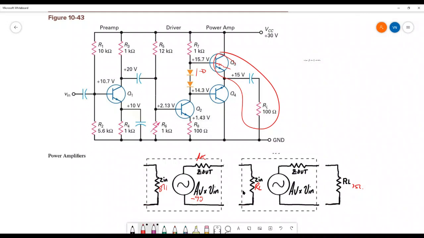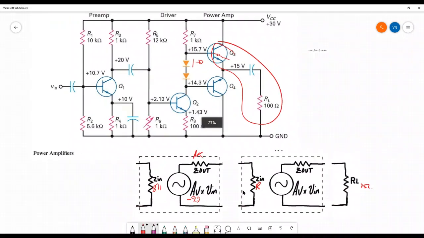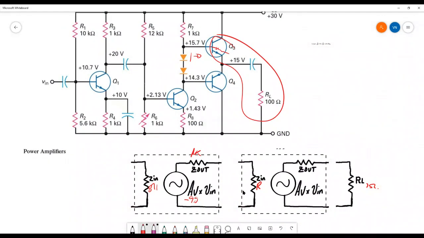Then I would figure out the gain. The gain of the common collector amplifier, which we know is about 1, so this is 1 times Vin, and it's positive. And then I would take a look at the Zout. I would stand here at the load and look back through here, and I'd say, oh, there's R prime E, and then there's this thing divided by beta.